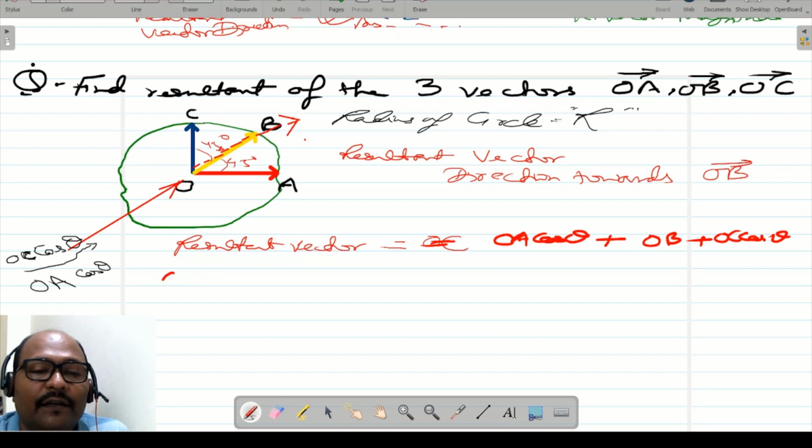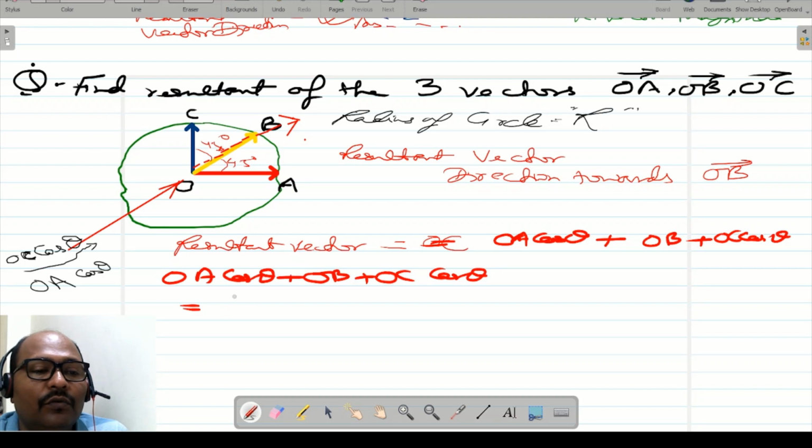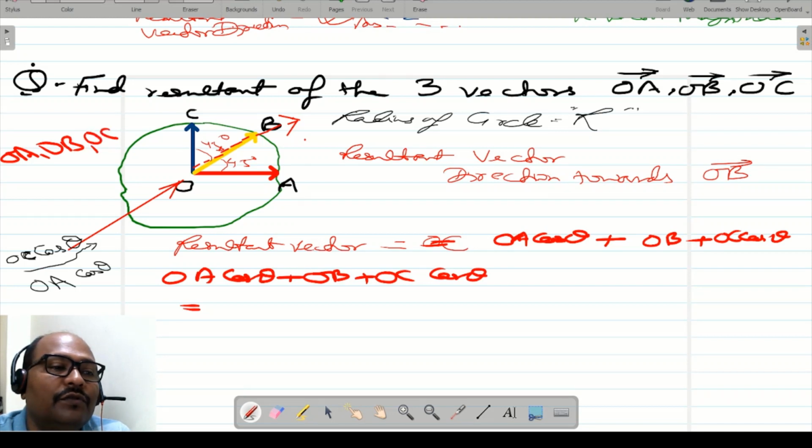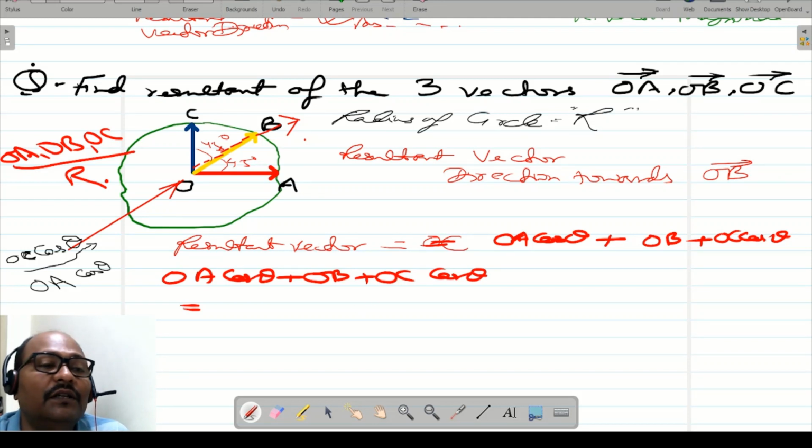If OA, OB, OC are each equal to R, the radius, its magnitude is R. Let us assume it's given in the question also, the radius of the circle.